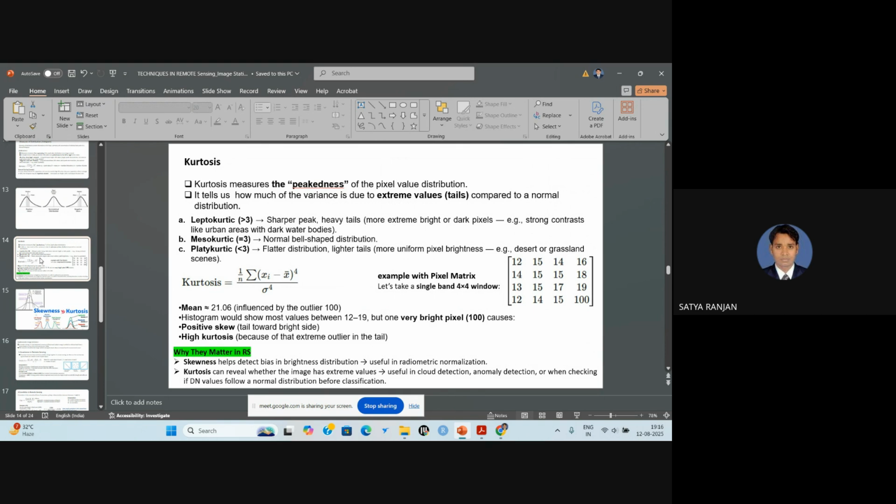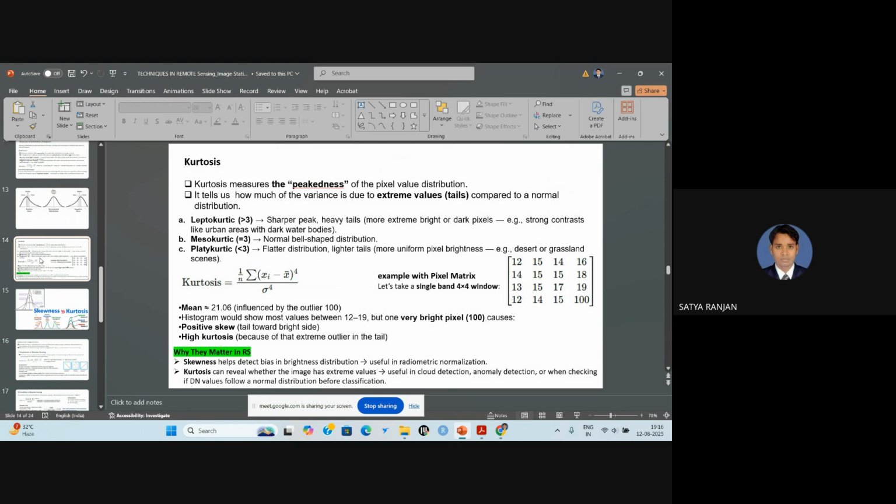Then kurtosis is the peakedness of the pixel value distribution. It tells how much of the variance is due to extreme values compared to the normal distribution. There are three types: leptokurtic, mesokurtic, and platykurtic.